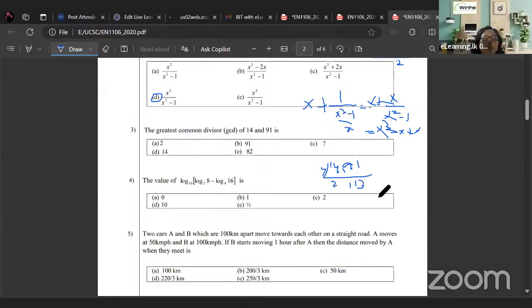Can you divide it by 2? Here it's asking for the largest one, right? The largest number that you can divide both numbers by. You took the 14. Then you can write this as a multiple of prime numbers, 2 into 7, right?